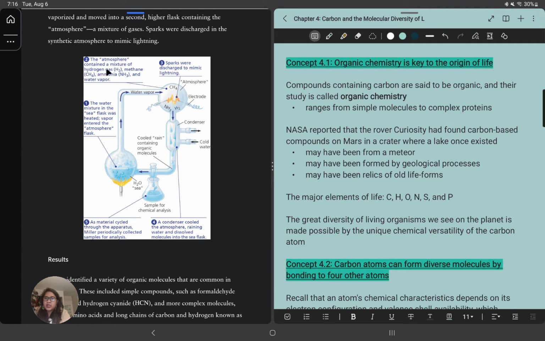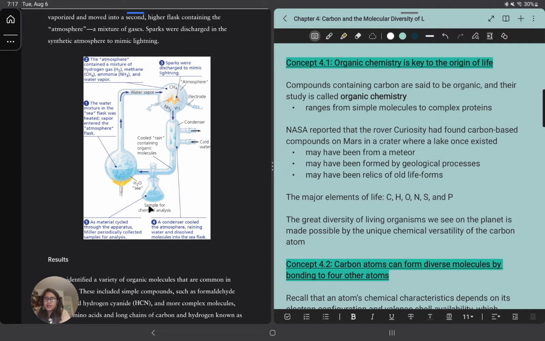The atmosphere contained a mixture of hydrogen gas, methane, ammonia, and water vapor. Okay? Sparks were discharged to mimic lightning. So energy, a form of energy in the atmosphere. We have the condenser, cold water, cooled rain containing organic molecules.